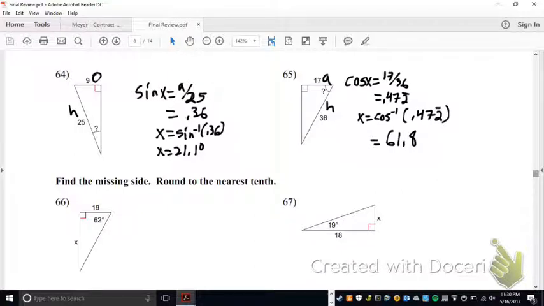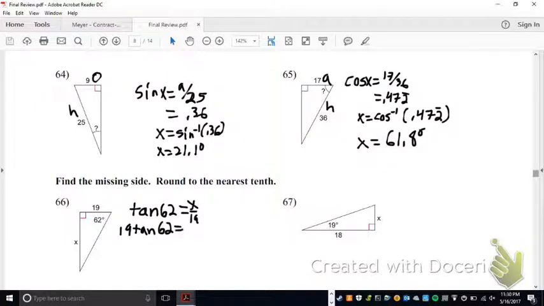So now what we're going to do for 66 is use that same ratio, but instead of using it to find the angle, we're going to use it to find one of the sides. So here we have 62. We know that tangent of 62 is going to be opposite over adjacent, X over 19. We're going to multiply both sides by 19.